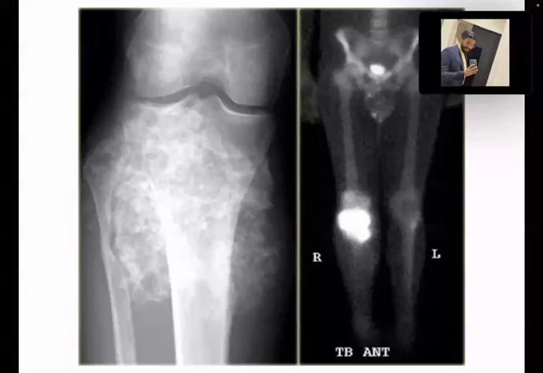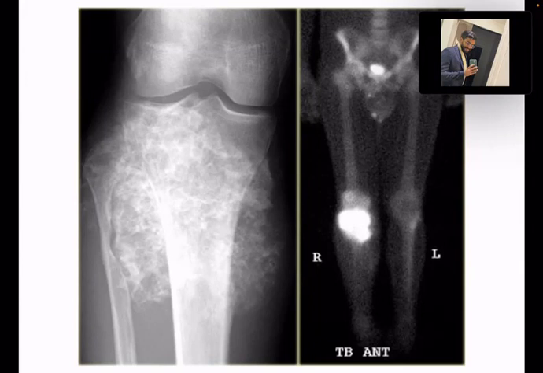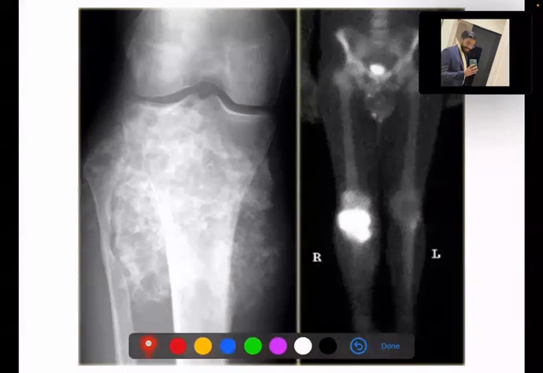We also see heterogeneous, what I think is calcification all around. Maybe it's a sunburst appearance. No, but we'll get to that. We'll go through sunburst, the Codman triangle again. Okay, what you said was excellent.